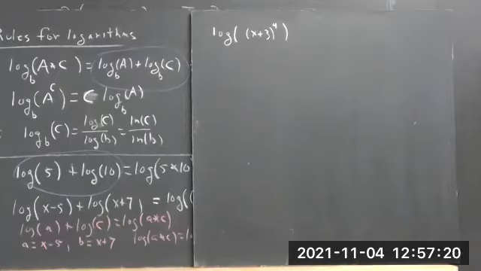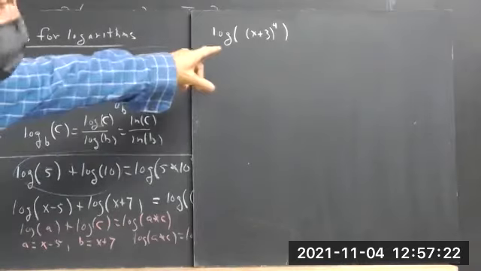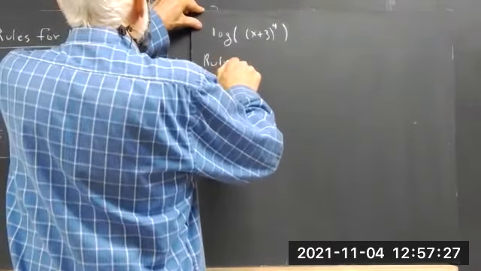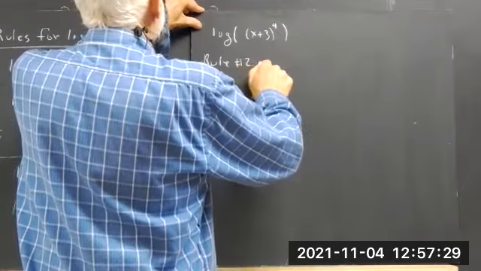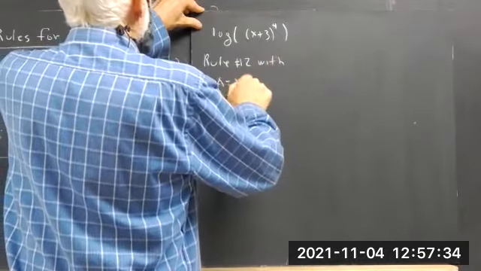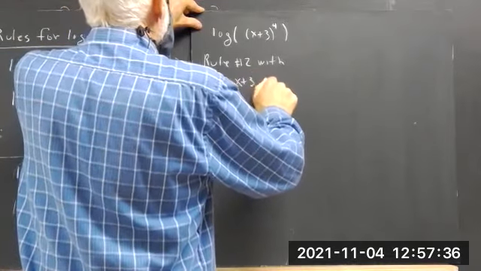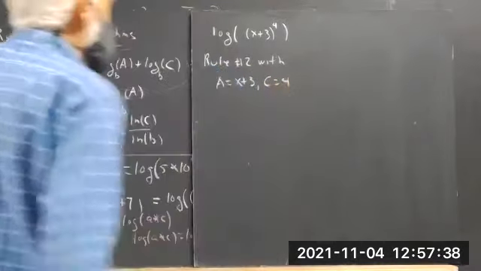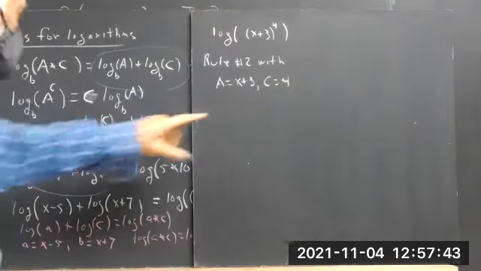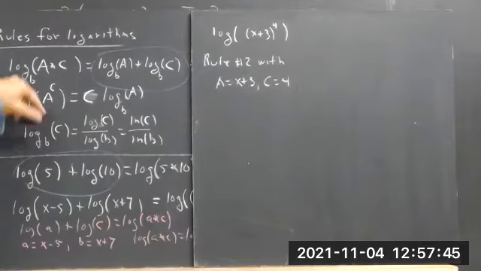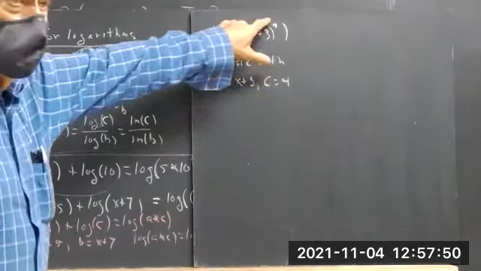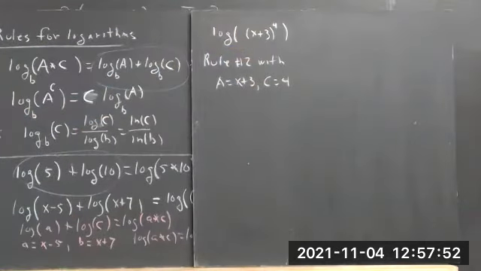Okay. Number 2 matches this. If A is x plus 3 and C is 4, then we have x plus 3 quantity raised to the 4th power, which is exactly what we have here. Okay.